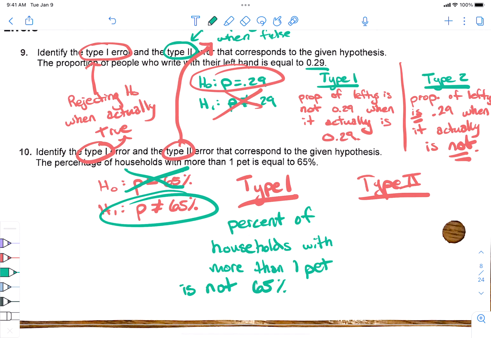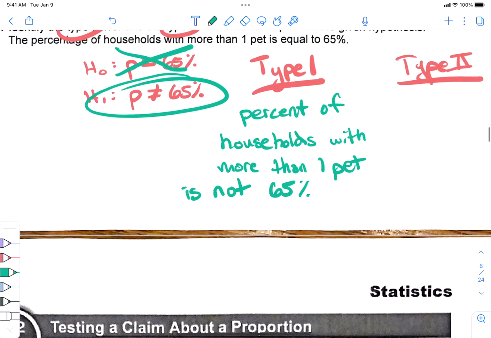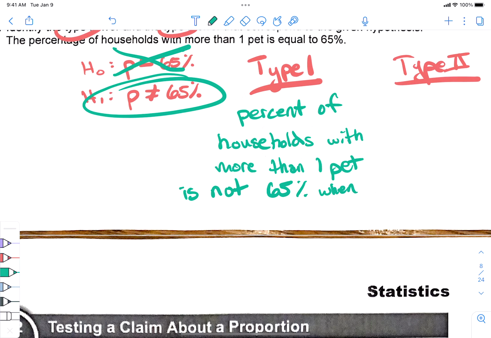We crossed out not 65%. When it actually is 65%.